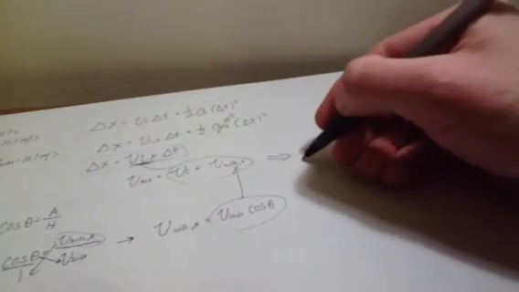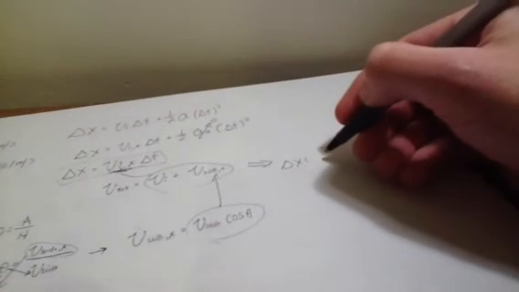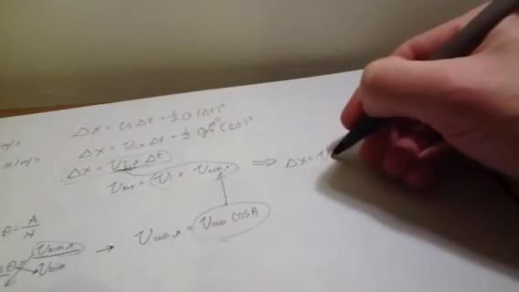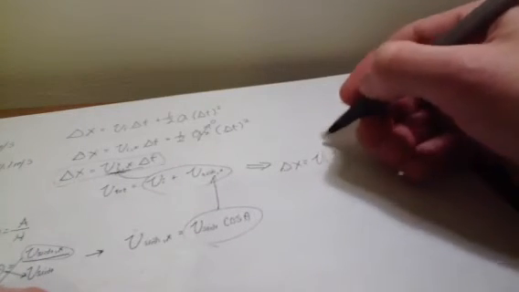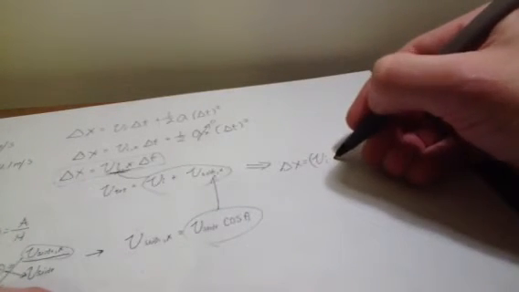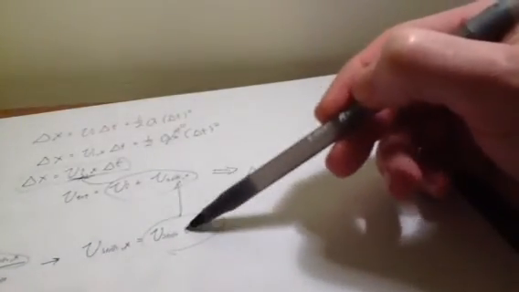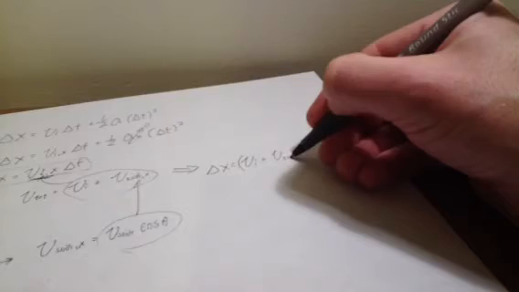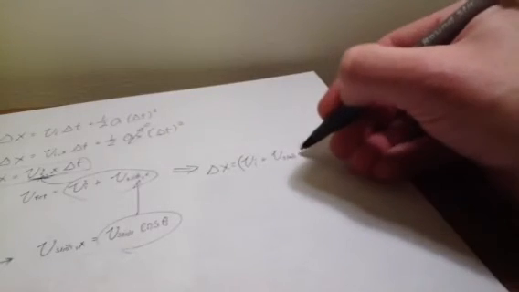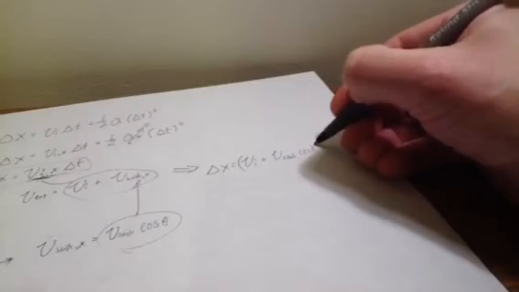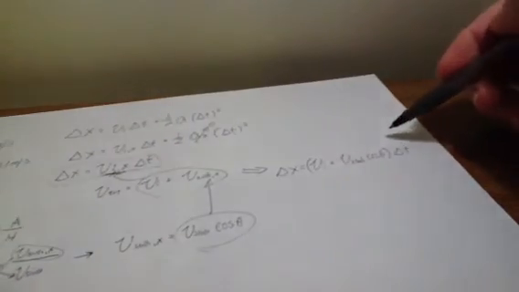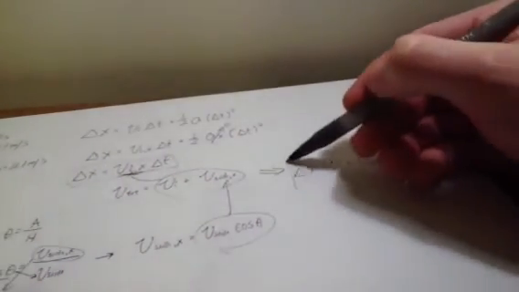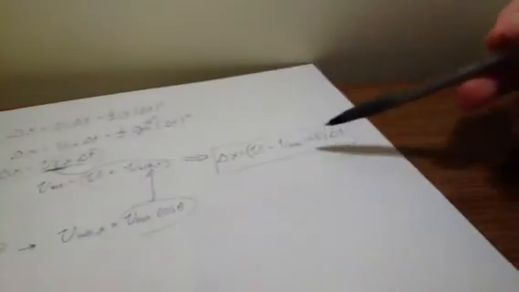Ultimate combination: our displacement in the x is going to be equal to your initial speed of the water leaving the water gun, and I'll put this in parentheses showing I'm substituting in, plus your speed on the slide multiplied by cosine theta, and then multiplied by your change in time. So this, folks, is the ultimate equation that's going to lead you to success.